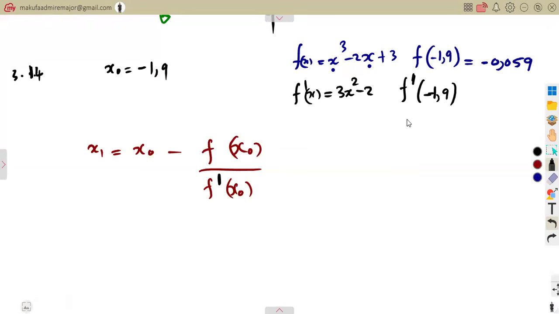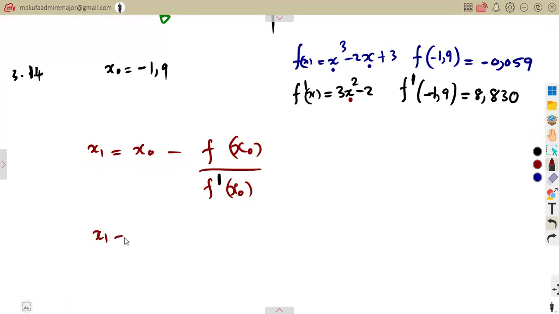You substitute in place of x, where there is x: 3 into minus 1,9 squared minus 2. You were going to obtain 8,830 to 3 decimal places. So this is what you need, guys. Remember your formula.